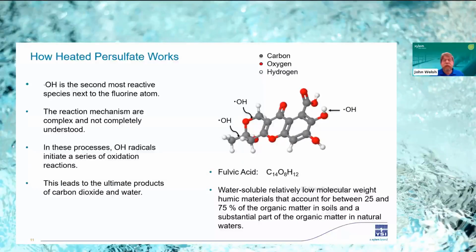In my slide here, I show fulvic acid. Fulvic acid, along with humic acid, probably accounts for between 25 and 75% of the organic matter in soils, and another substantial part of the organic material in natural waters.